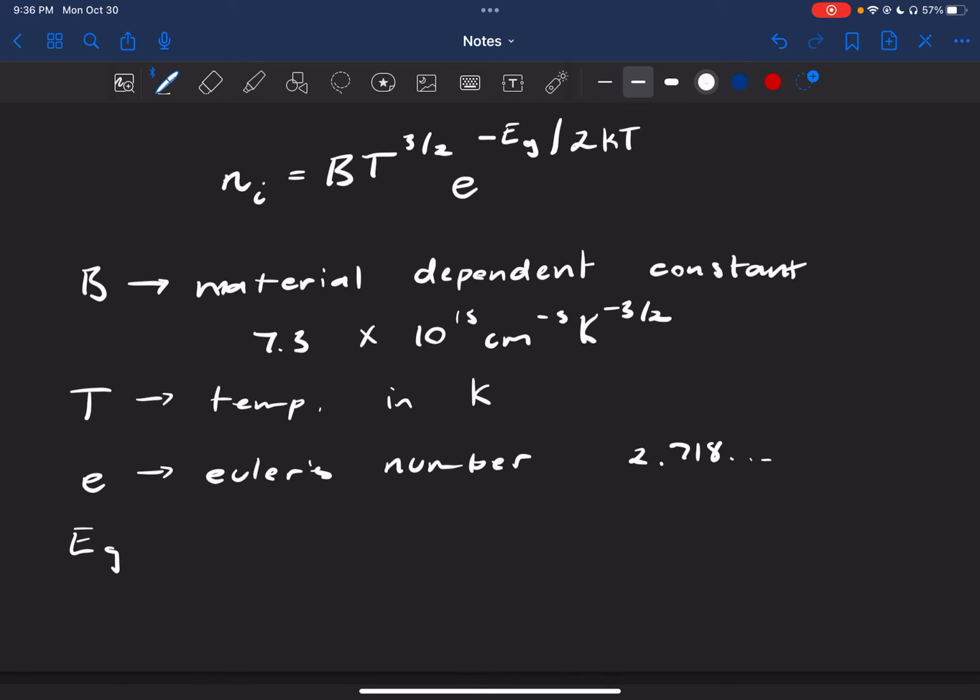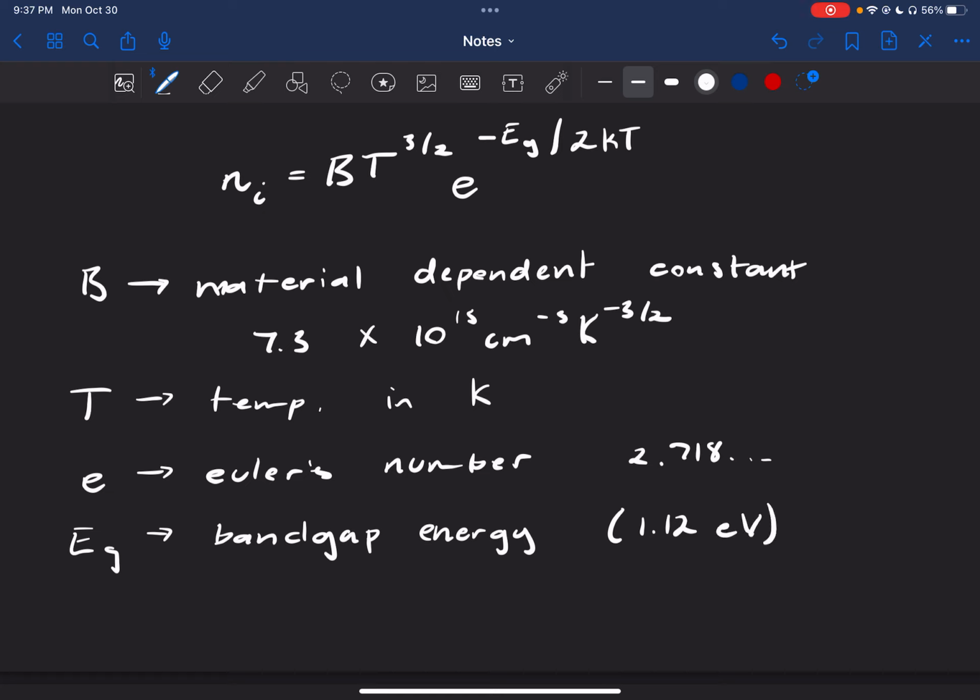E_G we call the band gap energy. And band gap energy is just the minimum energy required to break down a covalent bond. And for intrinsic silicon, that's 1.12 electron volts.